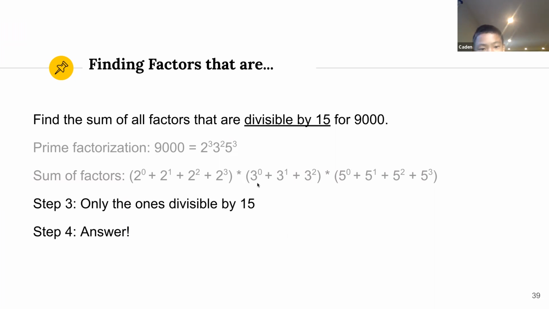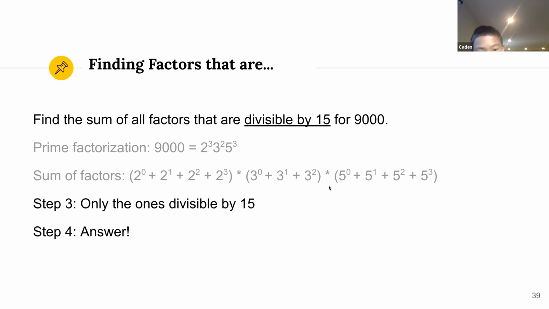But if you take like 3 to the any power times 5 to the any power, there's going to be like 15. And then if you multiply that by like 2 to the any power, that will still be a multiple of 15. So basically you find the sum, but then you subtract the 3 to the 0 and the 5 to the 0 from the parentheses.